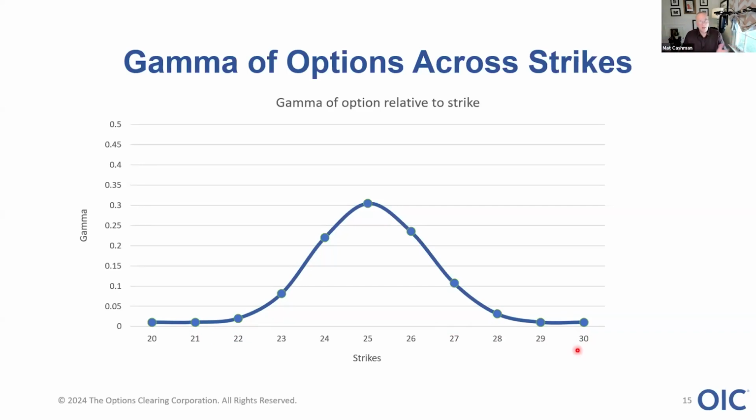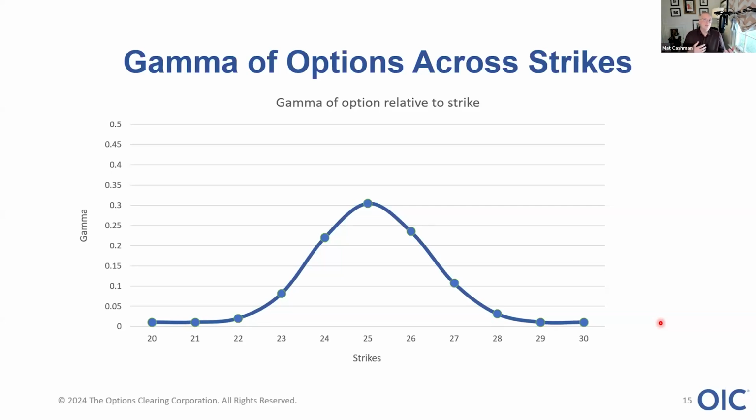These are the out of the money options, and this is your at the money option. Over here is how much gamma is in each one of these options by strike. Now, the 20 puts and the 20 calls have the same amount of gamma in them. That's why this is expressed as one line. The actual gamma amount of the option is based on its strike, not based on whether or not it's a call or a put.